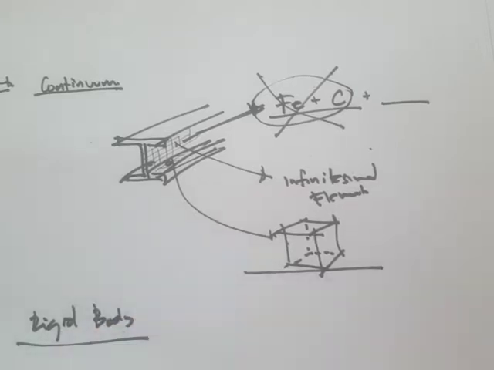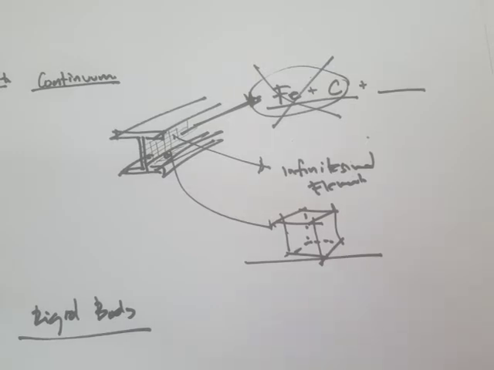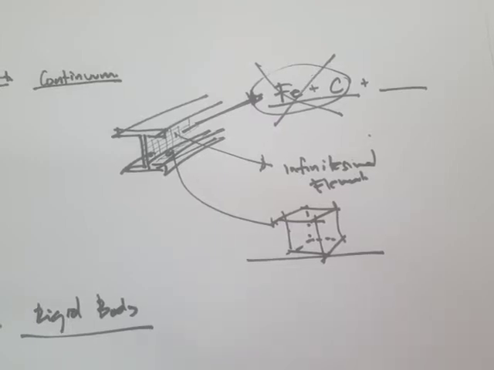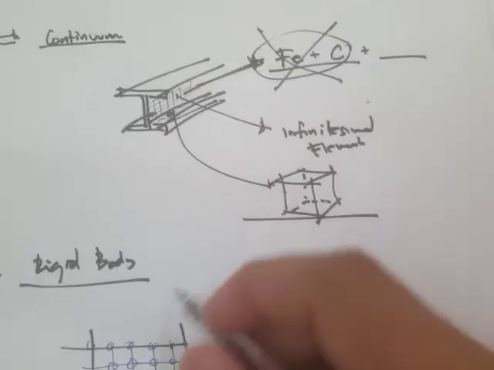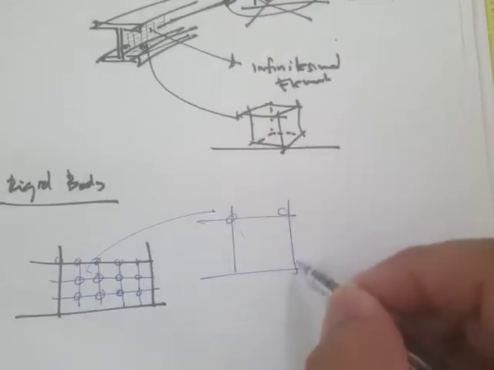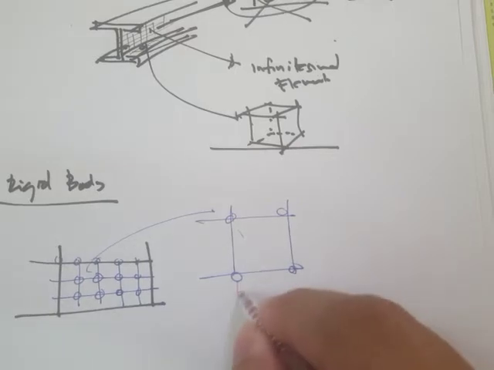When we say rigid body, if we have this body right here, and I make a grid in terms of points, you would notice right here that there's a distance between the points.